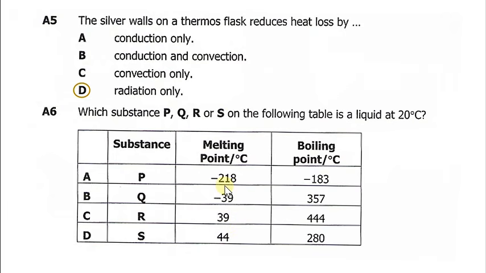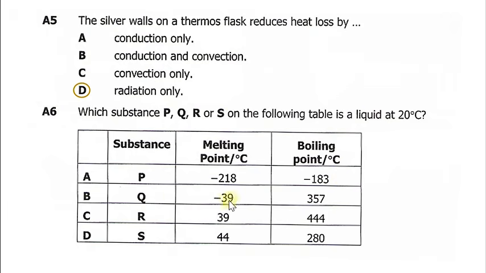So if a substance melts at negative 218, it will become a liquid, and then starts boiling at negative 183. So this one is still in negatives. It hasn't even gone to positives. It has already started becoming vapor, because it will be boiling now to become vapor. So by the time it goes to 20 degrees Celsius, it will be in vapor already.